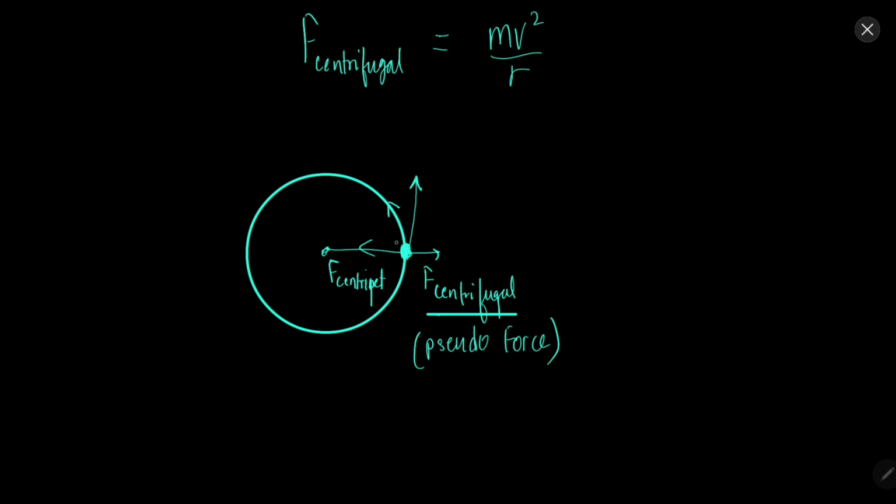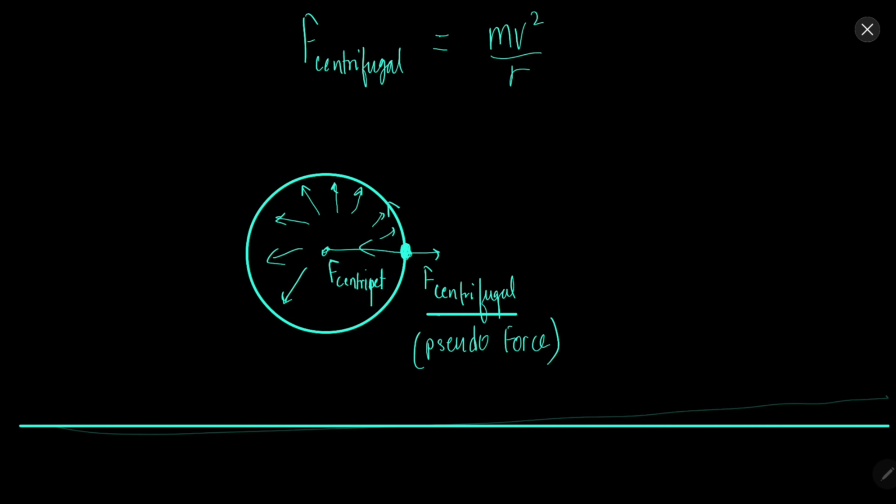So you feel that there is some force pushing you towards the surface or the wall of the room, and that force is not a real force, it is a pseudo force which is due to the acceleration of the circle. So that is the centrifugal force. In simple terms, centripetal force is the force acting inside, and centrifugal force is the force acting outside the circle, that is, the direction is away from the center of the circle.